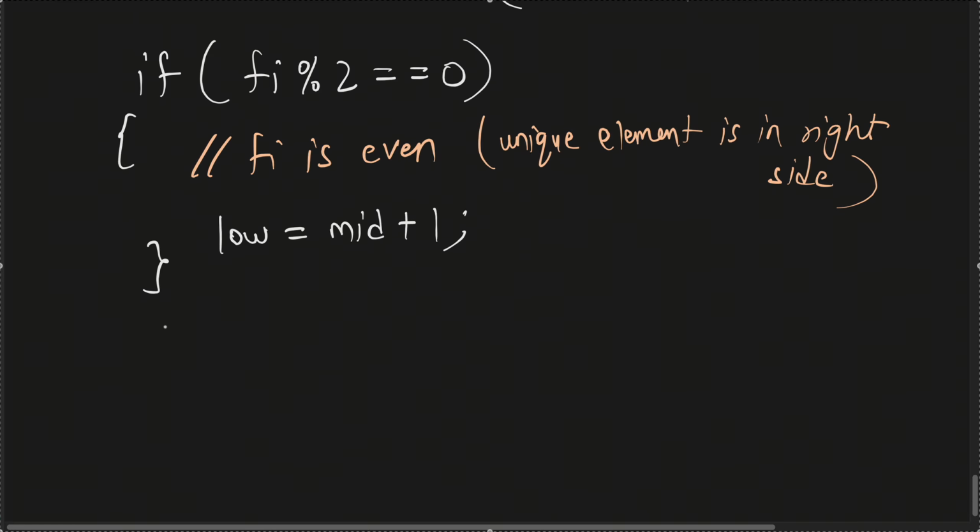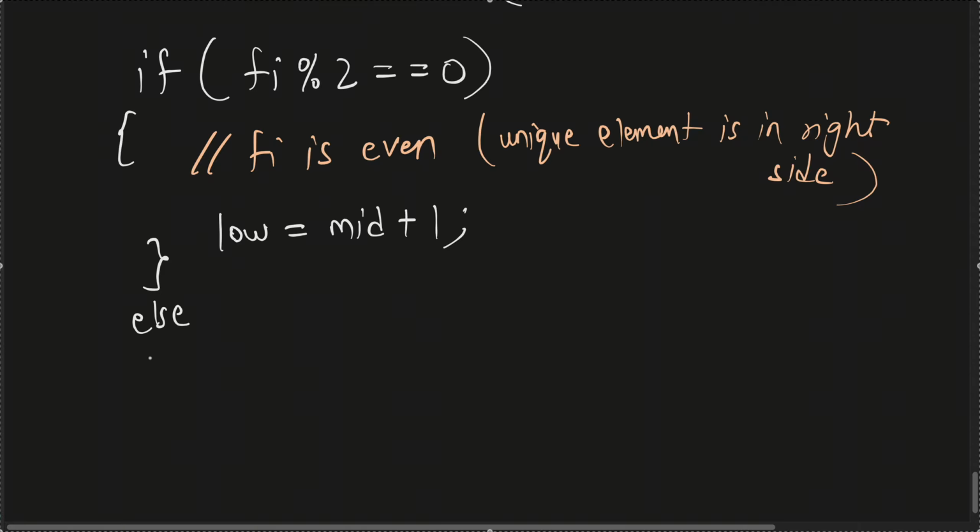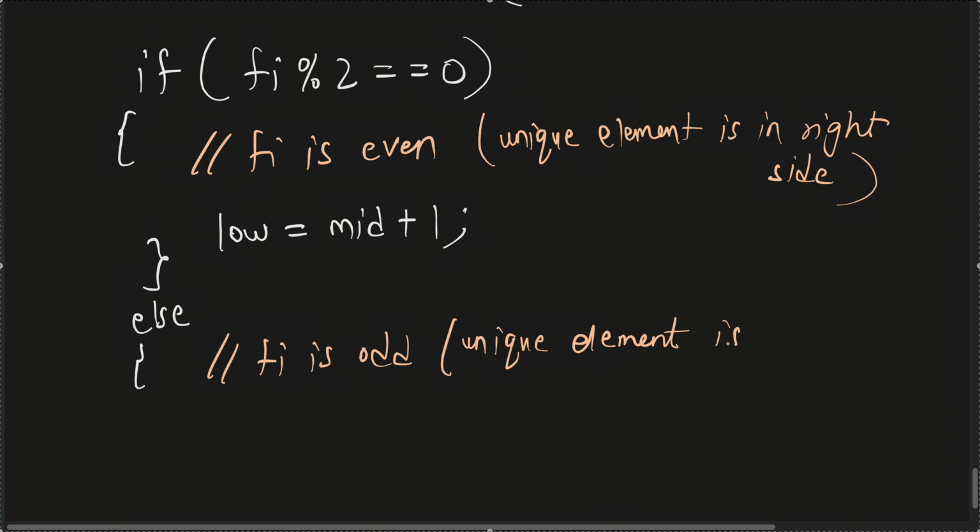Else, that means fi is odd. If fi is odd, then our unique element is in the left side, so we have to update our high pointer.